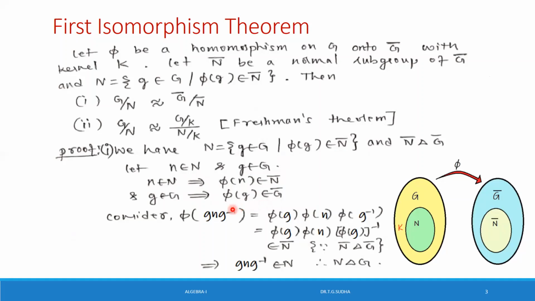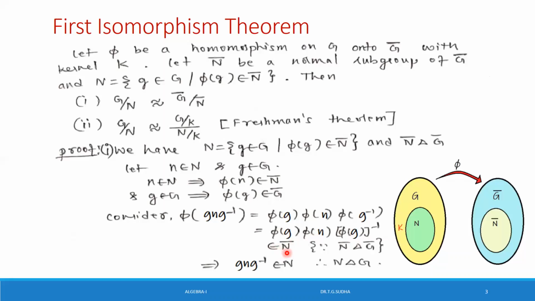Now let us show that g n g inverse belongs to N. Phi of g n g inverse, since phi is a homomorphism, we can write as phi of g into phi of n into phi of g inverse. And later on, this phi of g inverse can be written as phi of g whole inverse using one of the properties of homomorphism. Since phi of g belongs to G bar and phi of n belongs to N bar, this is an element of N bar.